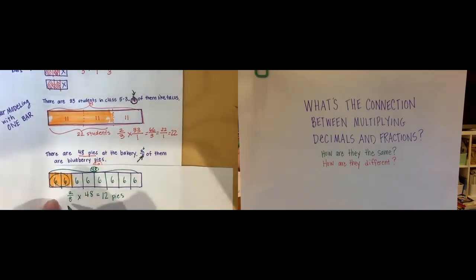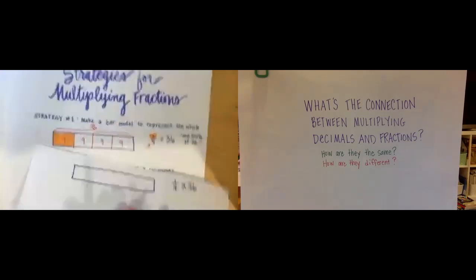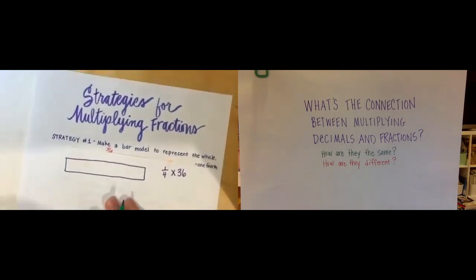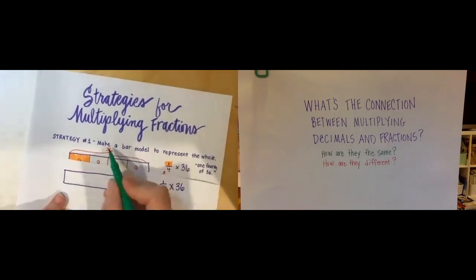Now you might be noticing that every time we multiply a whole number by a fraction, the product becomes much smaller. So today's strategy that we're working on, and what I would like you to work on, is to make a bar model to represent one whole, and then to think about the size of that whole.